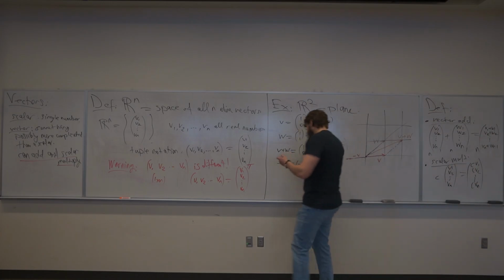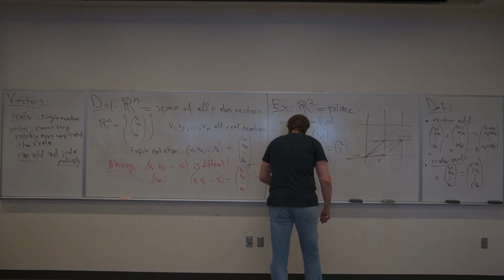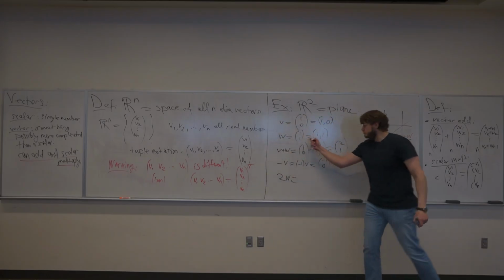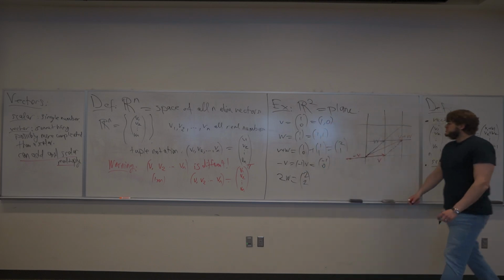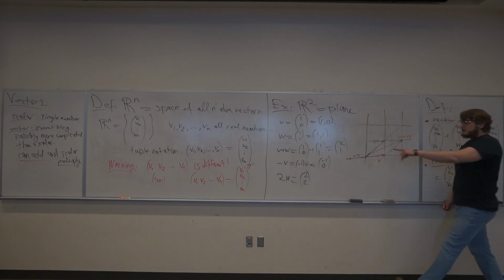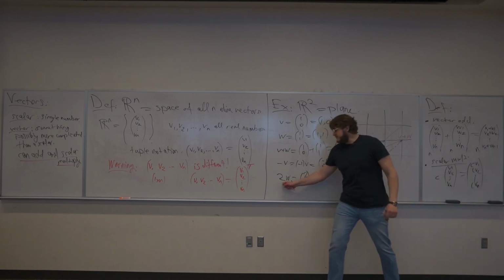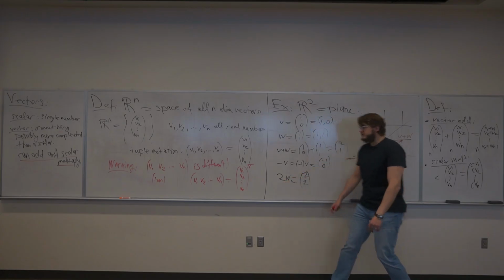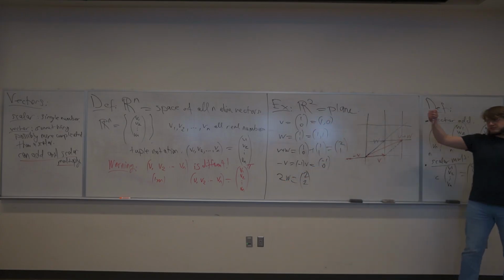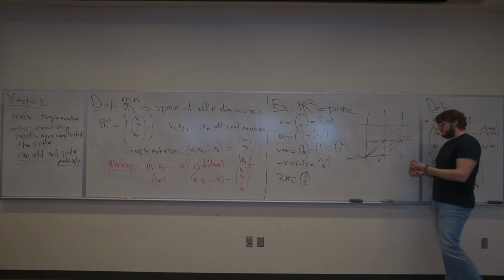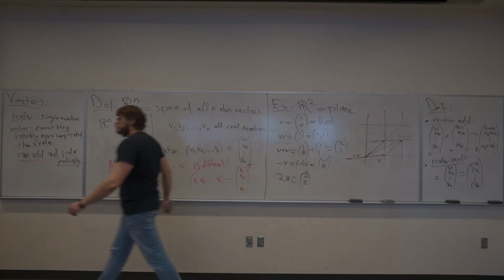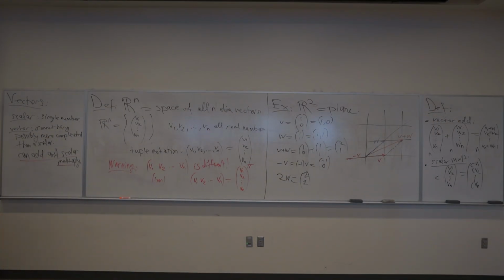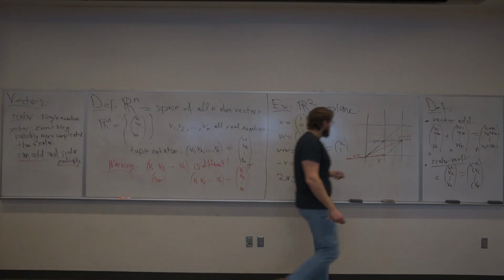Of course, I can do something like this as well. 2 times w is what? (2, 2). Geometrically then, scalar multiplying a vector by a constant corresponds to stretching it or contracting it by that factor. If I take this w and scalar multiply it by 2, now I just take the vector, stretch it, okay? Because 2 is larger than 1.